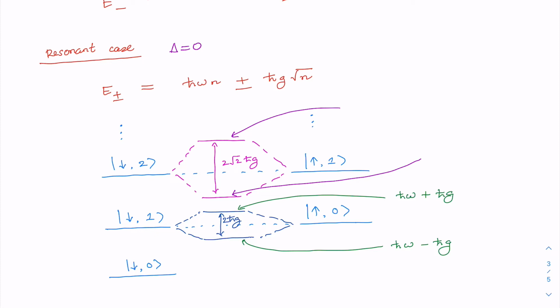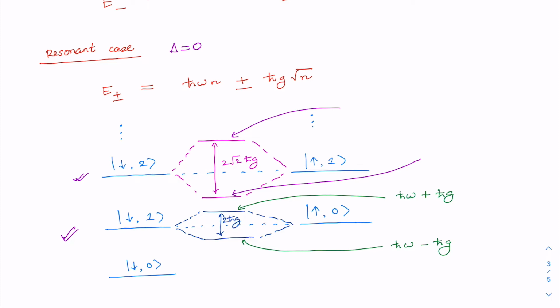This splitting is twice h cross g, and for this case the energy levels get split by 2 root 2 into h cross g.